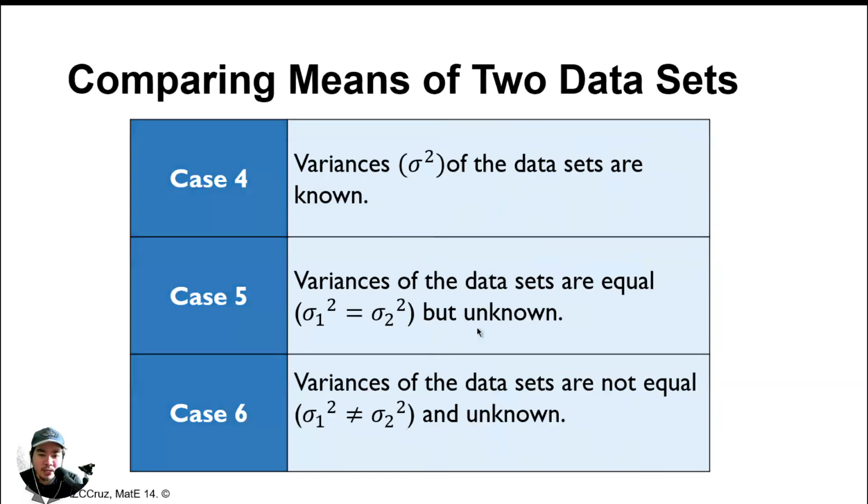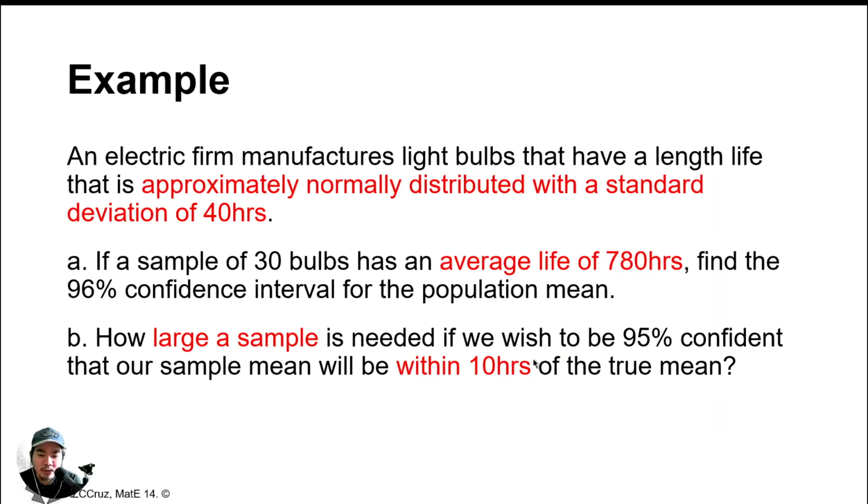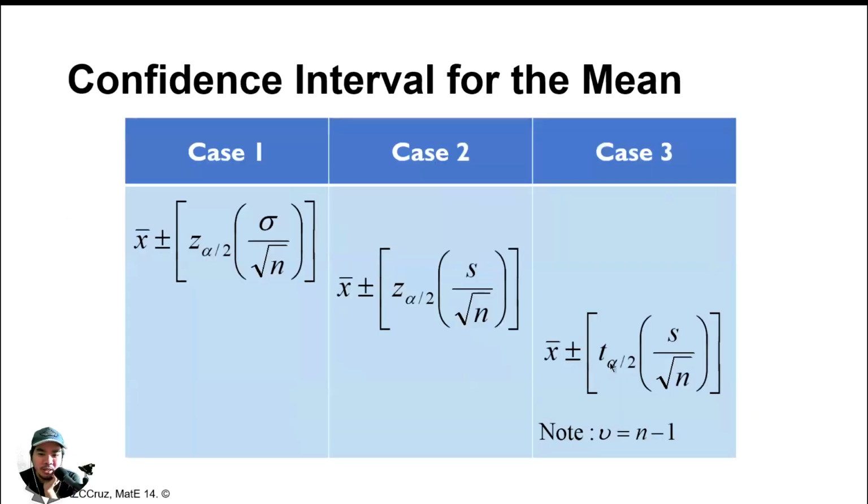Okay? So kanina class, hindi tayo nagkaroon ng sample wherein we did t. Pero when we do t-test, usually may degrees of freedom tayo involved. Okay? So yung degrees of freedom natin is equal to n minus 1 for case 3, no?